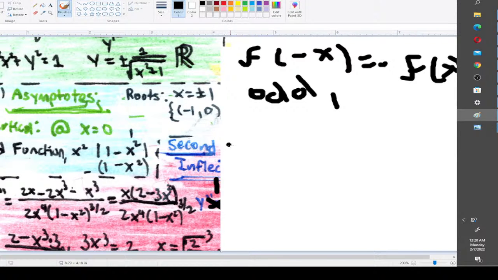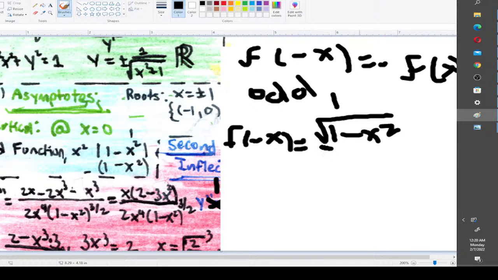f of negative x is equal to square root of 1 minus x squared over x, where you plug in negative x inside the radical.